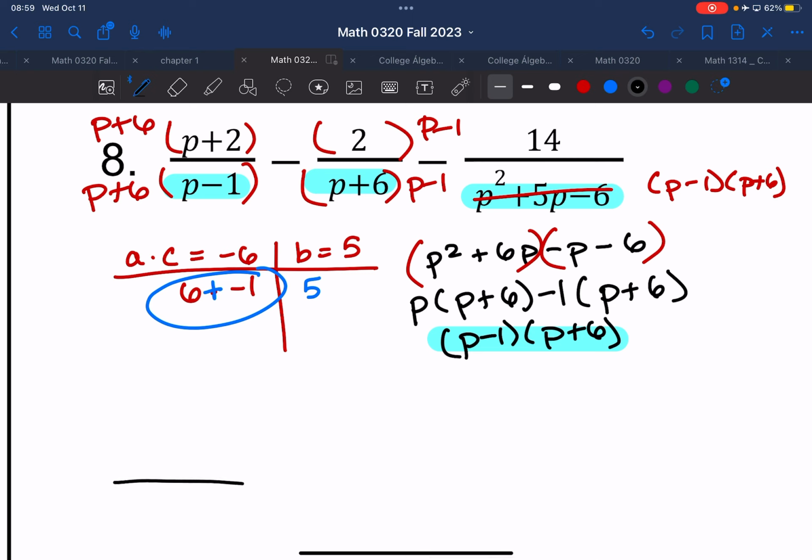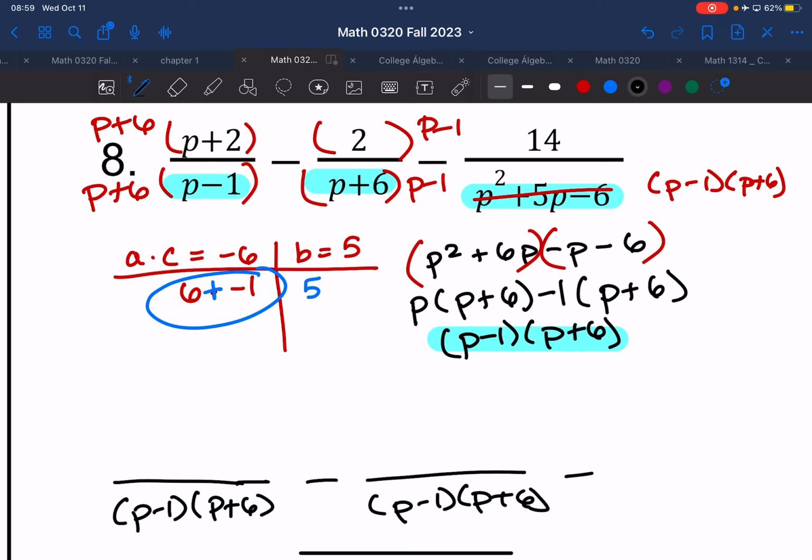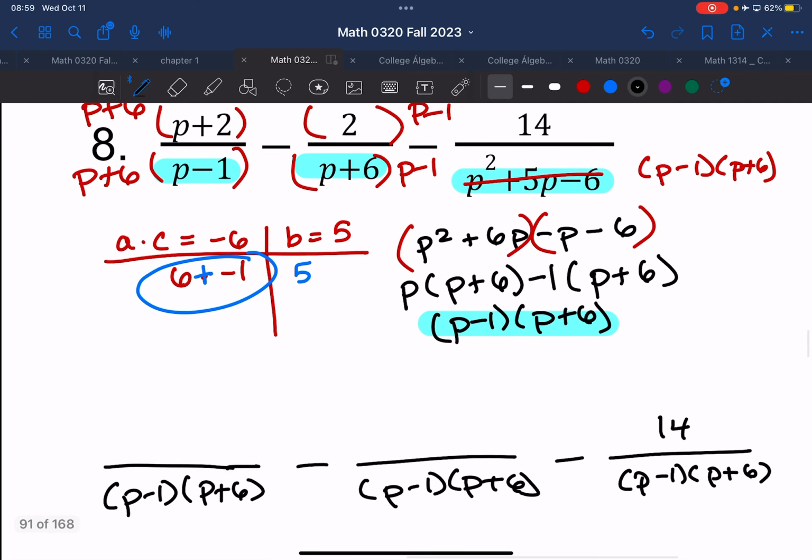We have a p minus 1 and p plus 6 on every single one. And then on that last one, that 14 stays there because there's nothing that's changing.